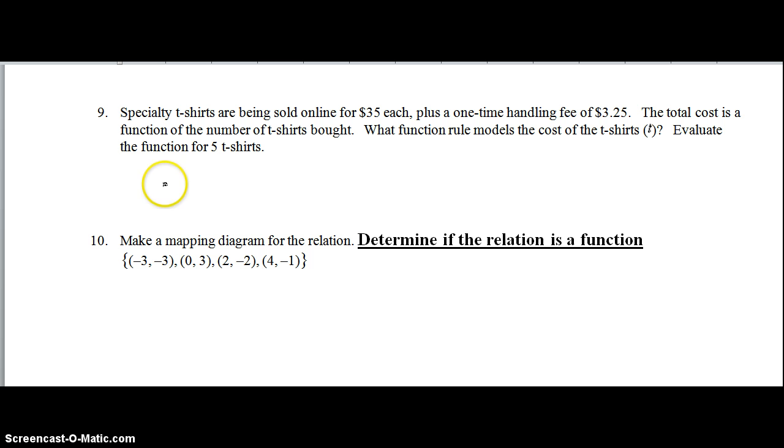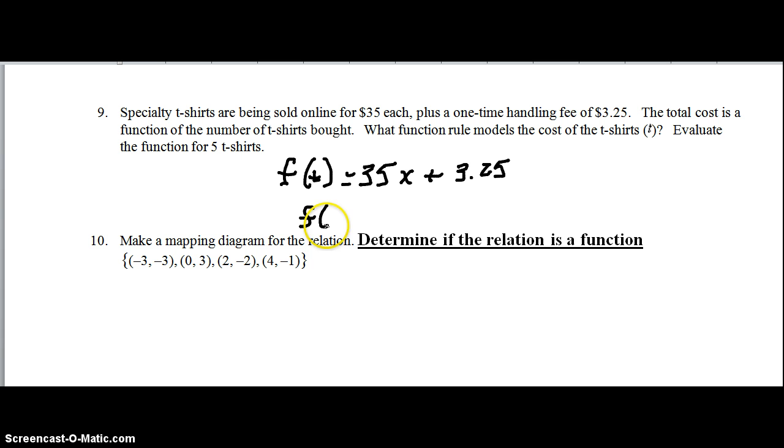Next one here, special t-shirt, $35 each plus a one-time handling fee of $3.25. Well, if it's 35 each, so it's going to be 35 times each t-shirt plus the one-time fee of 3.25. And that is our function. Now it says evaluate 5 t-shirts. Well, real simple. Since this is our function of t, we're going to go ahead and plug in 5 here.